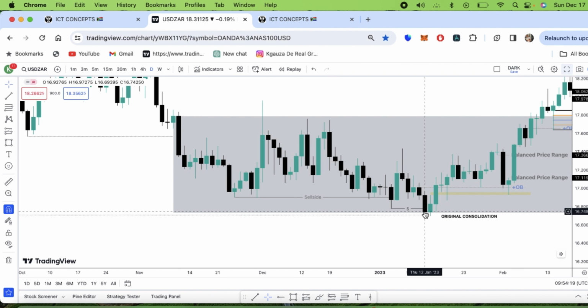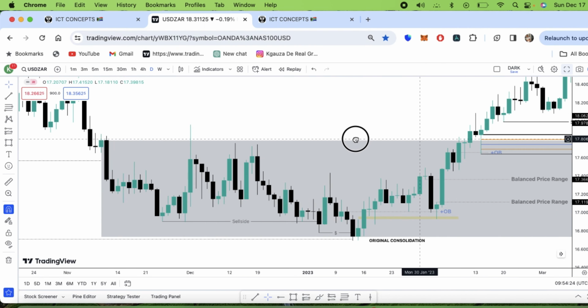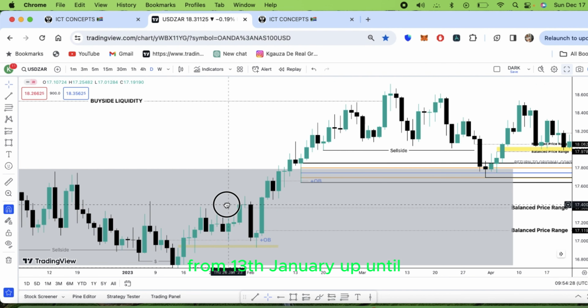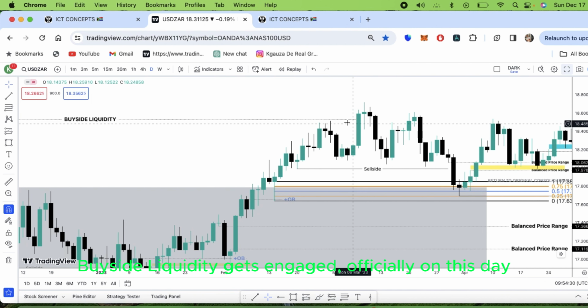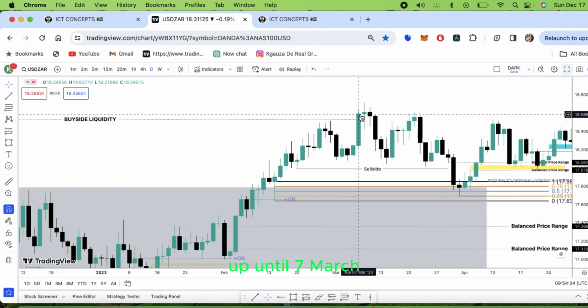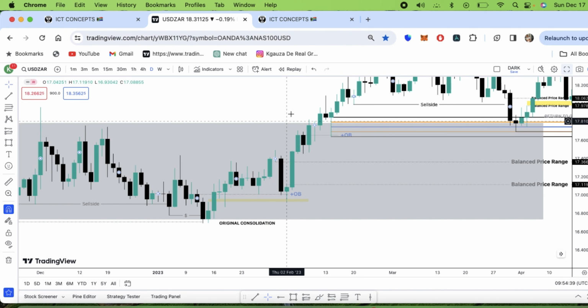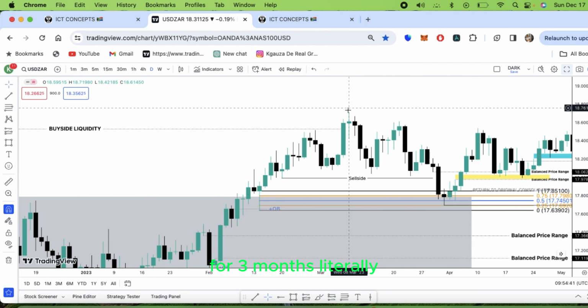Is it 9 days later? Then it rallies up from the 13th of January up until partial liquidity gets engaged officially on this day, 7 March. So imagine being in this trade for 3 months, literally. And that is in line with what?